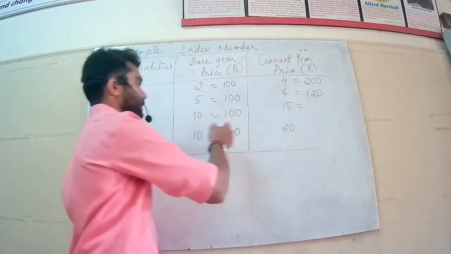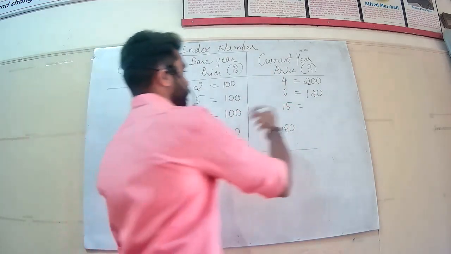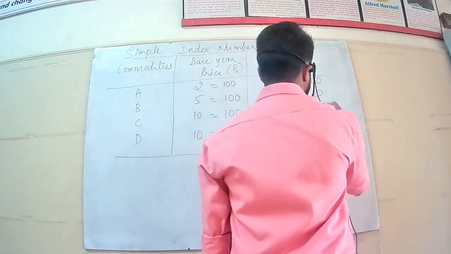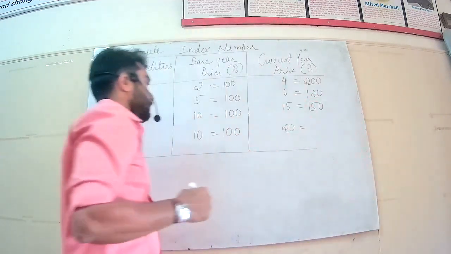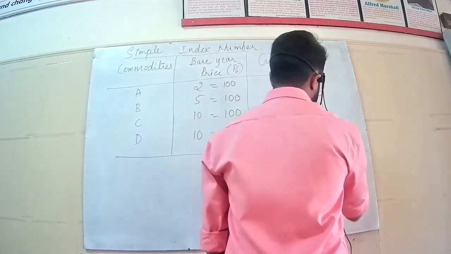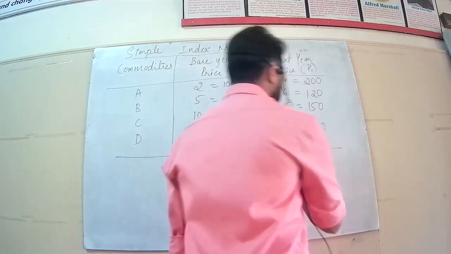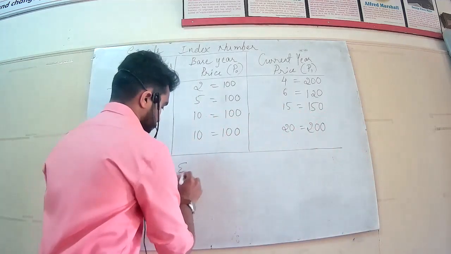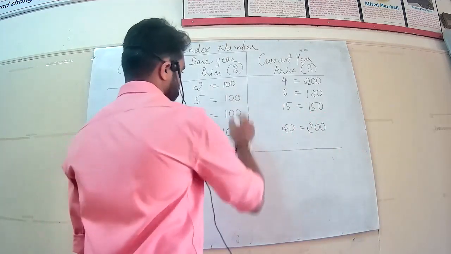Then 10 tens are 100, therefore 15 tens are 150. And if 10 tens are 100, then 20 tens are 200. So what is the total? Summation is equal to 670.